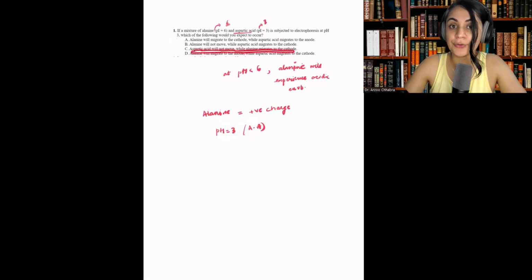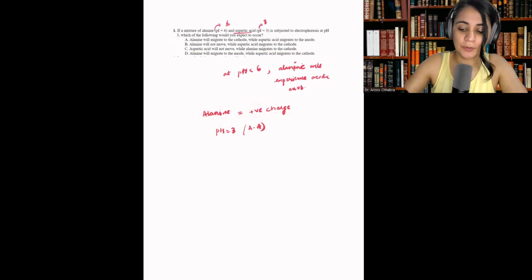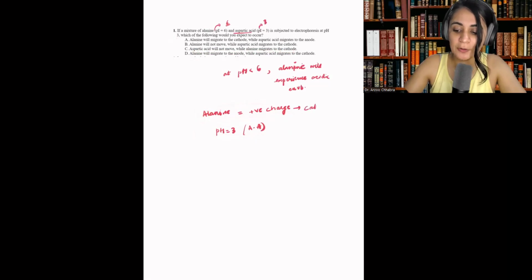This is also true because alanine is a positively charged species, and a positively charged species will move towards the cathode, which has a negative charge, and therefore the alanine will migrate towards the cathode.